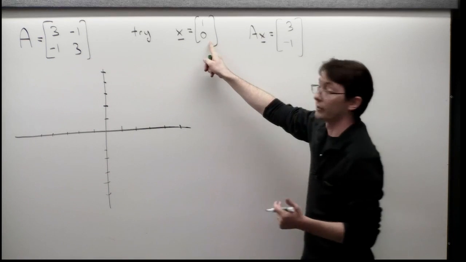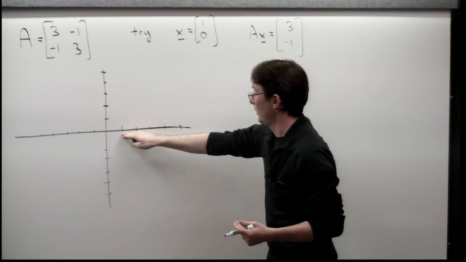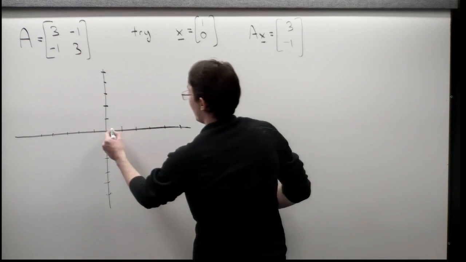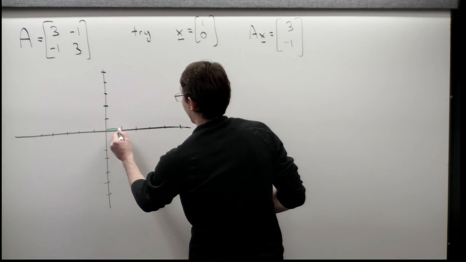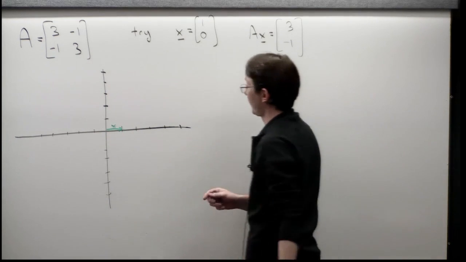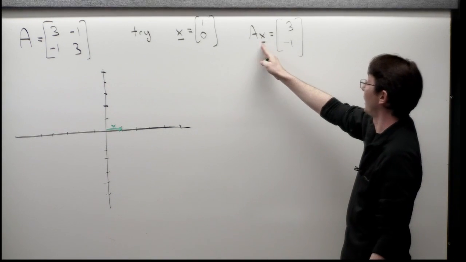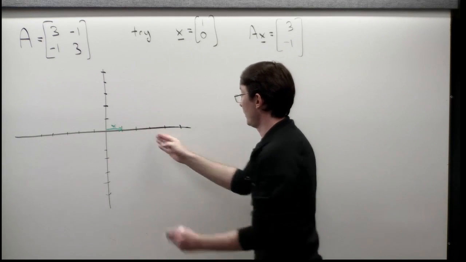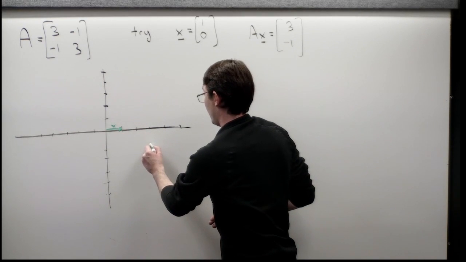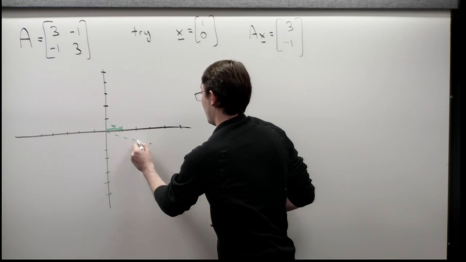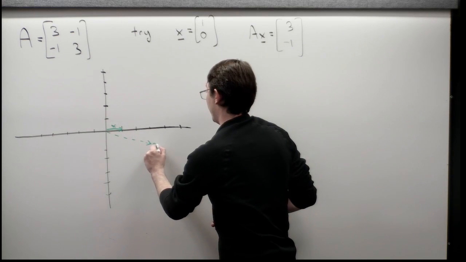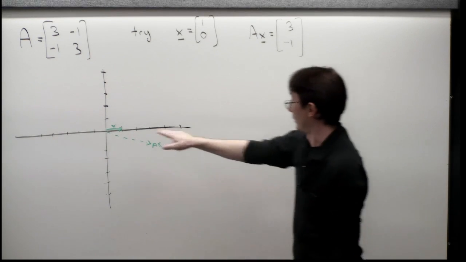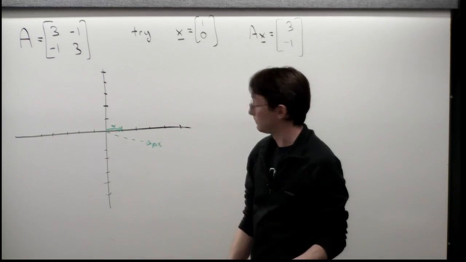The first vector I tried is 1 in the first coordinate and 0 in the second coordinate. So this is my first vector x. And A times x is 3, minus 1. So I go 1, 2, 3, and down 1. So this is A x. And they do not point in the same direction. They're pointing in different directions.